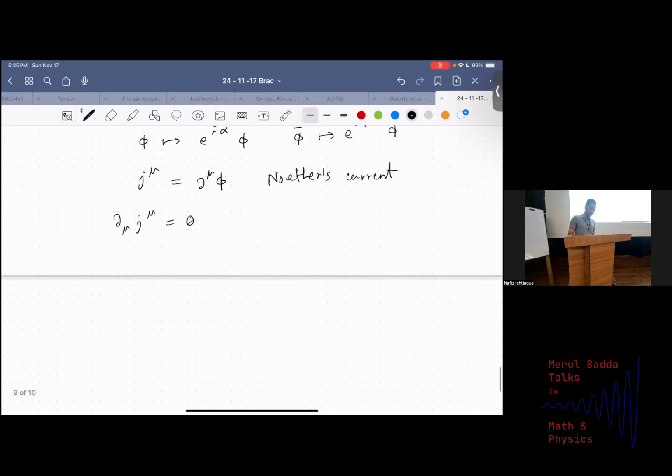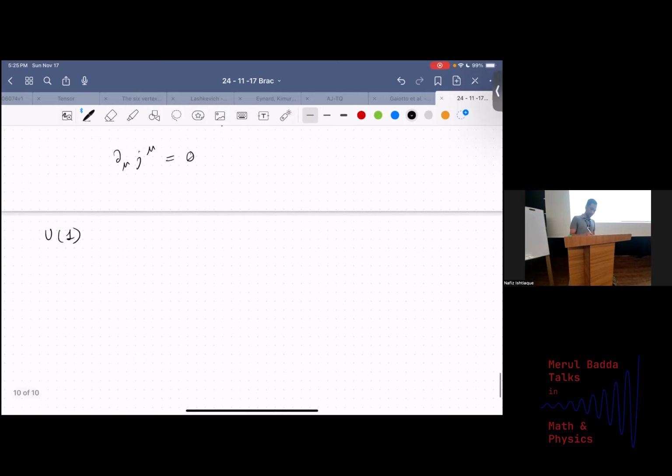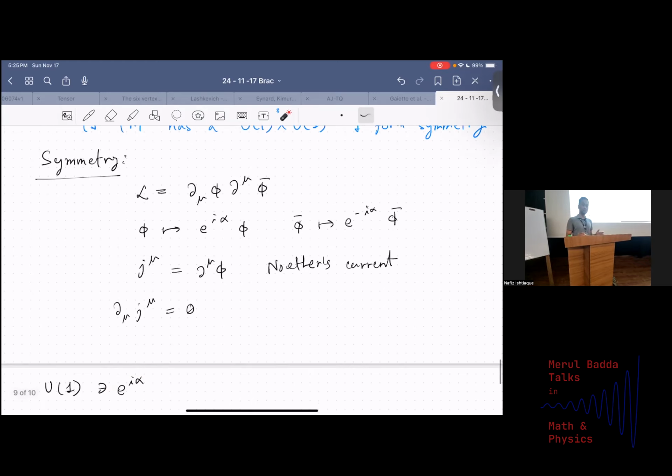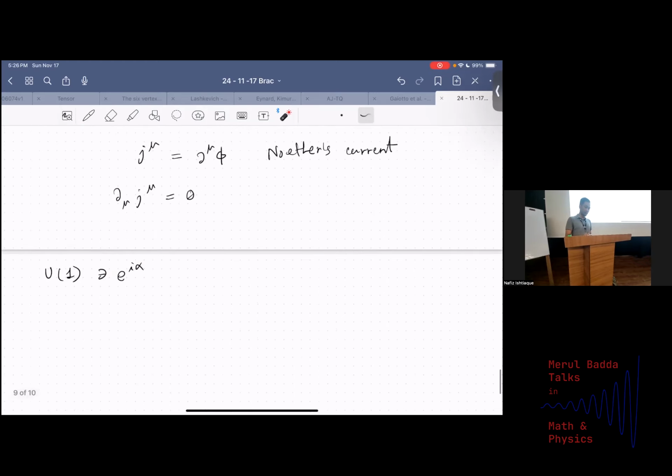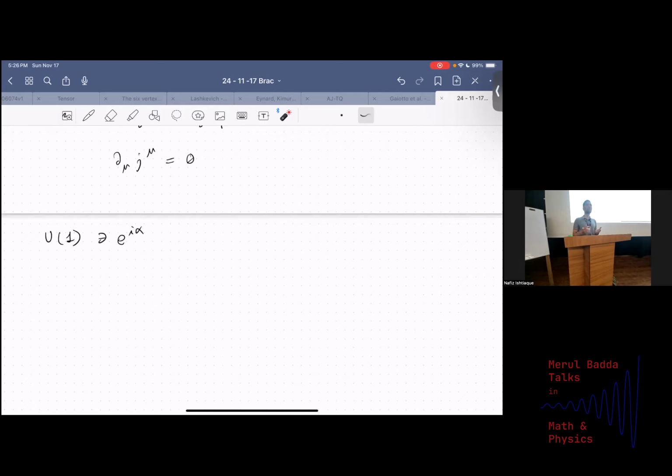So what we say here is that this theory has a U(1) symmetry. If you take any element of U(1), just a phase e^{iα}, then you can act on the operators of your theory with this group element, and they will transform in a certain way. We have established that the fundamental fields of the theory are phi and phi bar, and any composite fields can be built out of these.